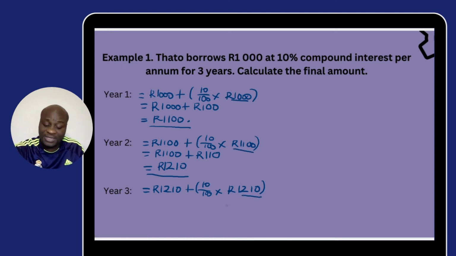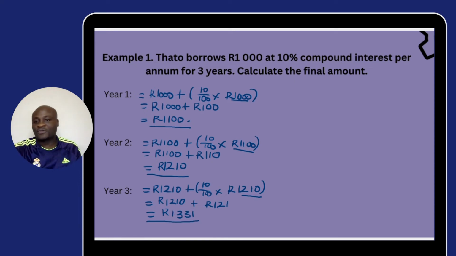Why? Because we are calculating the interest on the current balance, which is now 1,210 plus 121 rands. And when we put them together, we get 1,331 rands at the end of the year.